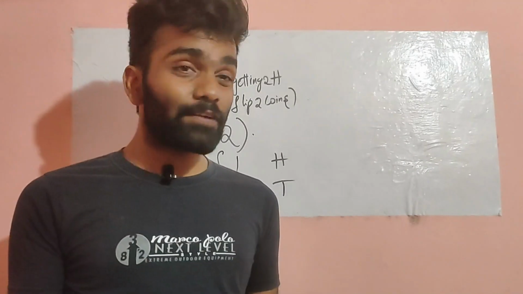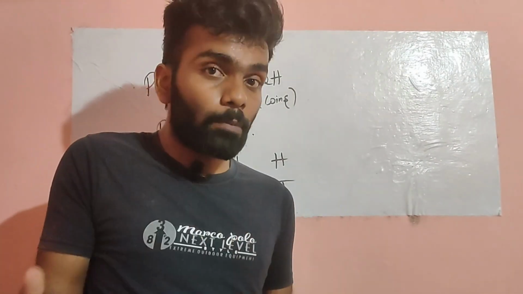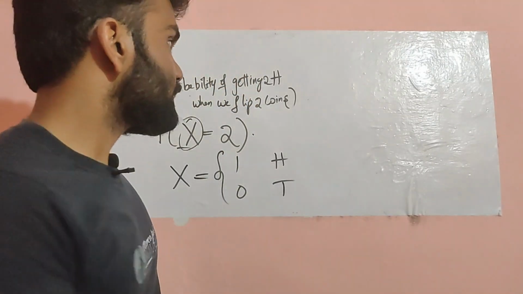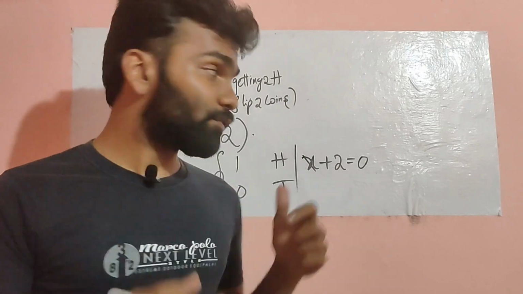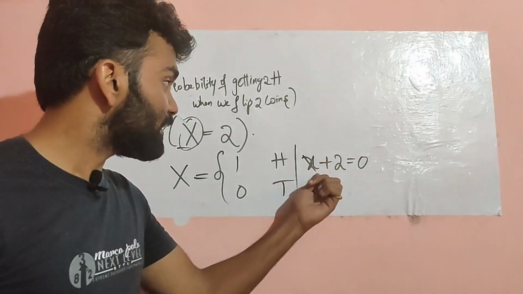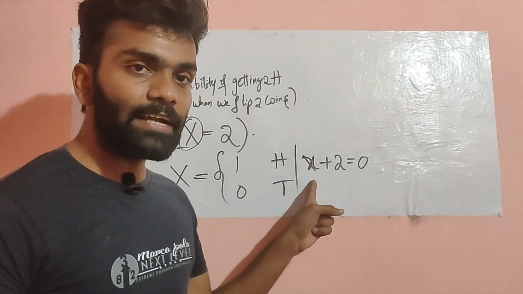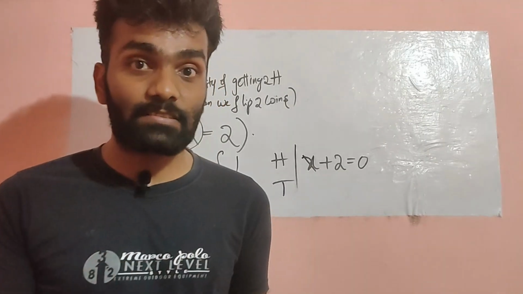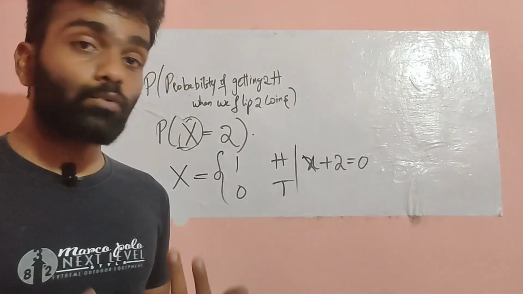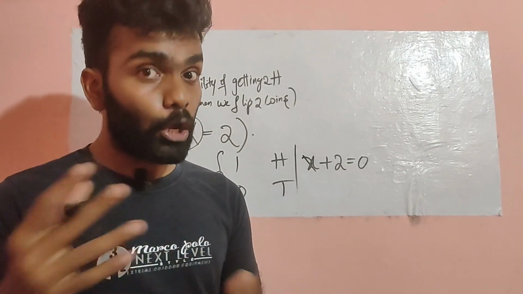What's the difference between a random variable and a normal variable? For example, if we take this normal equation, what's the difference between this x and this X? You can see here that when we calculate the value for x, it's -2. So here the value is fixed. The outcome is only one possible value, but that's the normal variable.